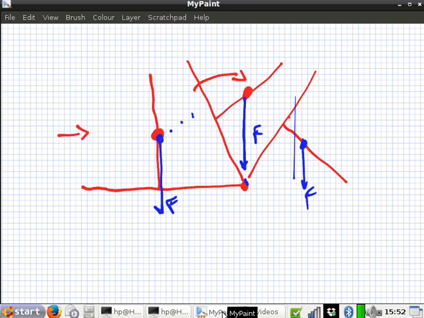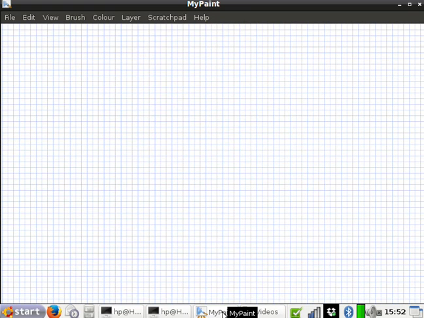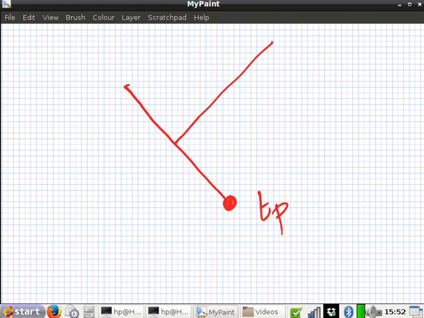Okay. So if I draw, again, it's like this. Here's the turning point. Here is the center of gravity. Here's the force going straight down. Here is 90.